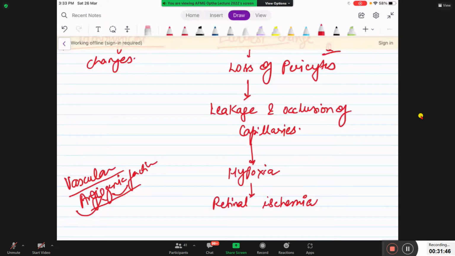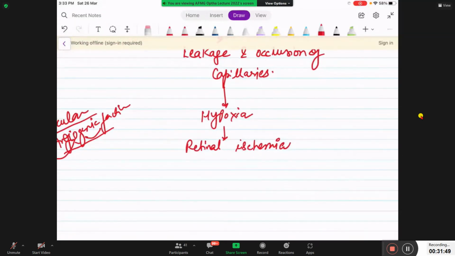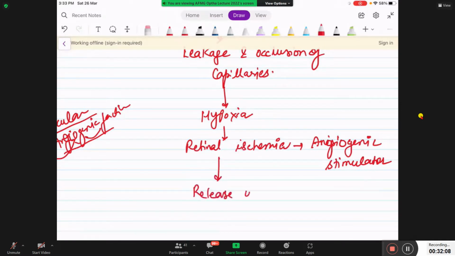Okay, so write down, retinal ischemia acts as an angiogenic stimulator, and it leads to release of VEGF, vascular endothelial growth factor, and the most common one is VEGF-A.